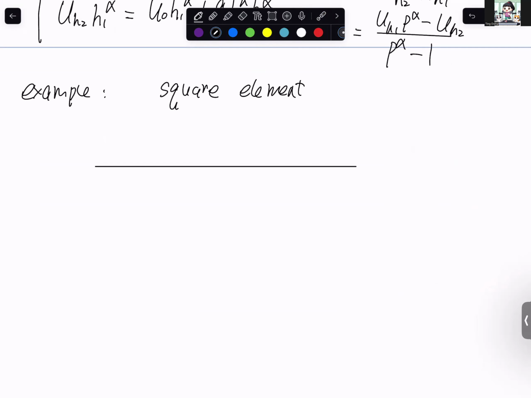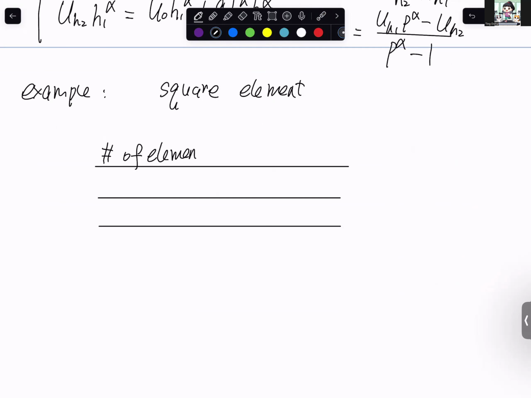So let's say we try 3 sets of data. We have the number of square elements. First, we try 100, and we get a displacement result.